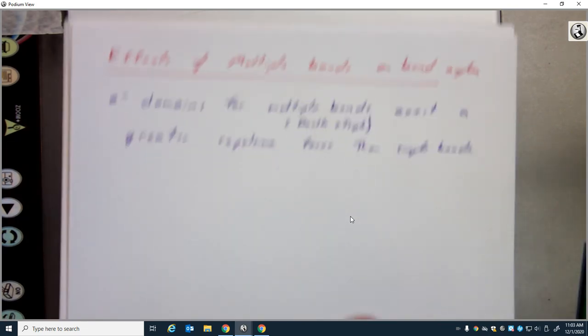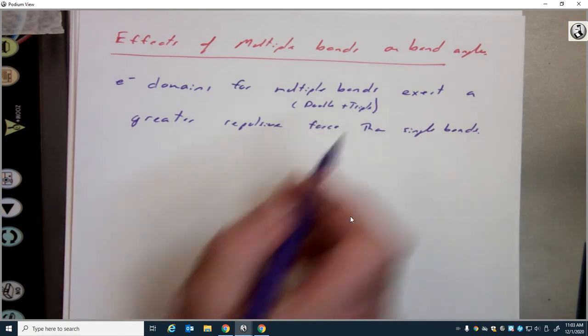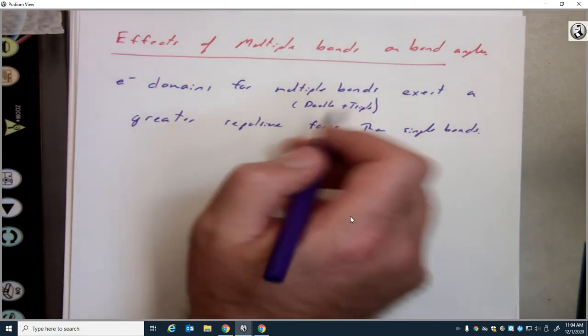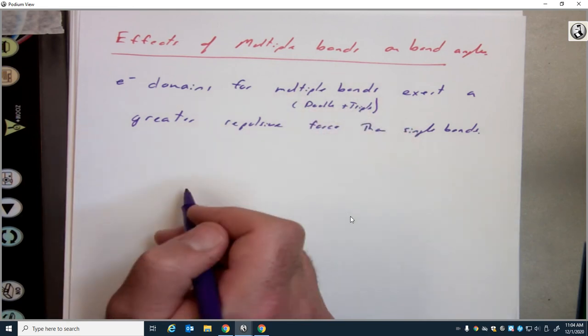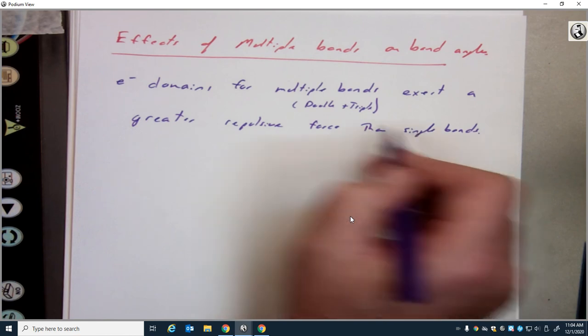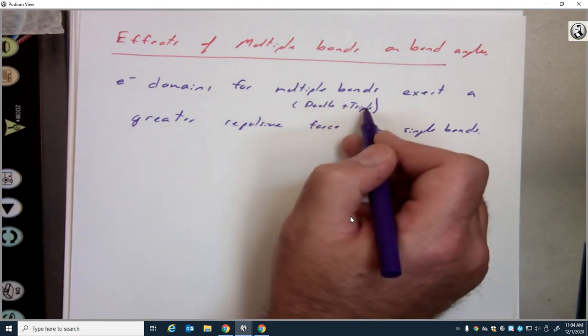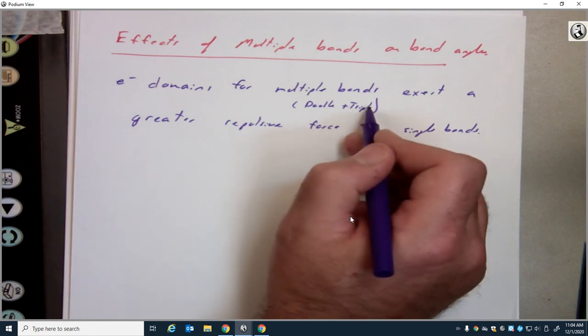Now, does that make sense? Well, it should, because think about how many electrons are in a single bond versus a double bond versus a triple bond. Single bond, we only have 2 electrons in that domain. Double bond, we have 4 electrons. It's much more negative. Triple bond, we have 6. It's even much more negative.